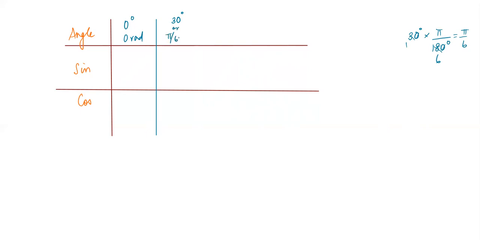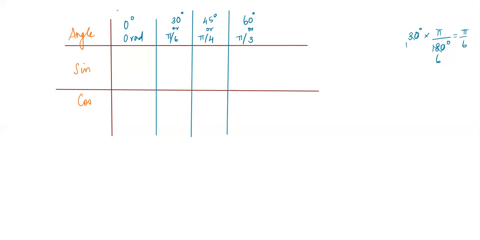I don't have to write the word rad, so I'm just putting it as pi over 6. That's how we convert each one of them. And so we now have 45 degrees, which converts to pi over 4. It's a good idea to remember these conversions. And then you have 60 degrees that converts to pi over 3.